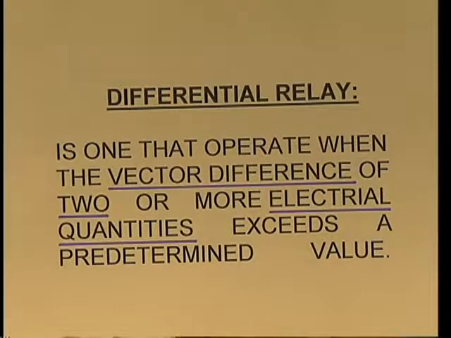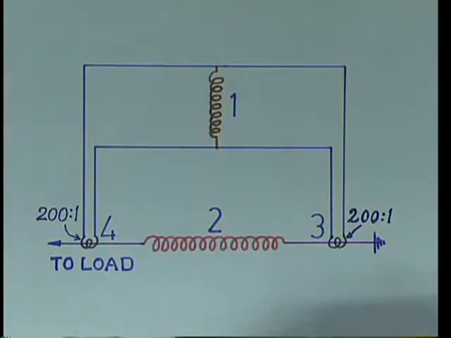So here two values are compared, either currents or voltages. According to this comparison the relay operates. Next, coming to how the differential relay works, as seen in the figure, the differential relay is like this.